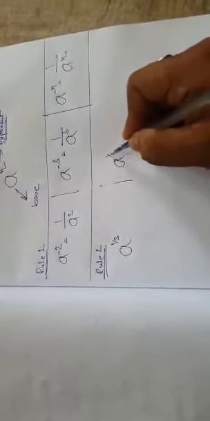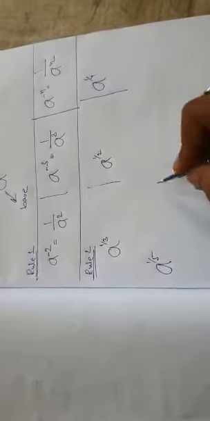Now rule number 2 is: always remember that there can be fractional powers also, like a to the power 1 by 3, or a to the power 1 by 2, or a to the power 1 by 4, or a to the power 1 by 5, or a to the power 1 by 100, or whatever.